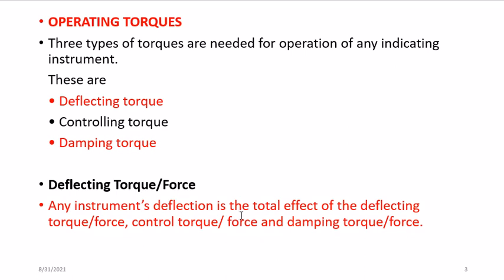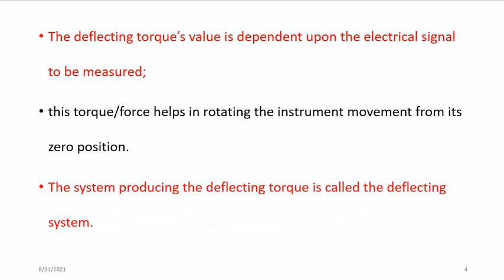Any deflection instrument has a total effect of the deflecting torque, the controlling torque, and of course the damping torque. So this deflecting torque, as I said, is the part of the torques which is responsible for displacing the pointer from the 0 point to a particular point depending on the magnitude of the signal that we are measuring at that point.